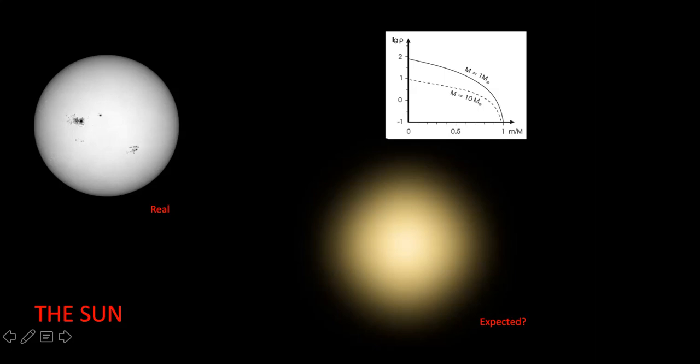This is what you would expect from this concept of a star as a sphere with a density varying with radius and not dropping to zero suddenly. But if you look at the sun, this is not what you see.